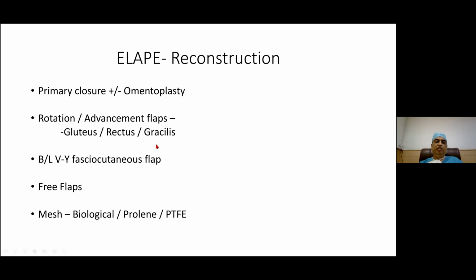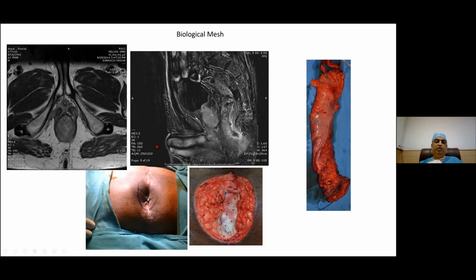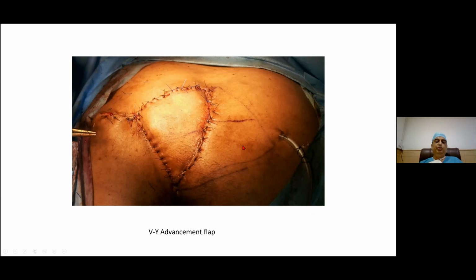This is one of our patients, and this is the specimen. You can see there is no waisting at the level of the pelvic floor. And if there is a large defect, then you have to use a local VY advancement flap or a gluteus maximus flap.